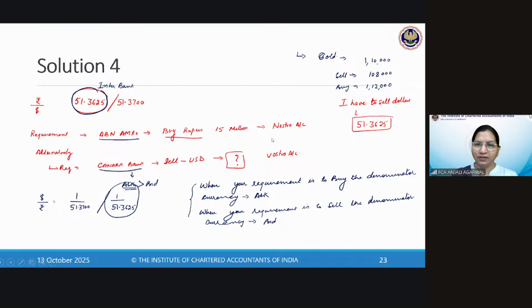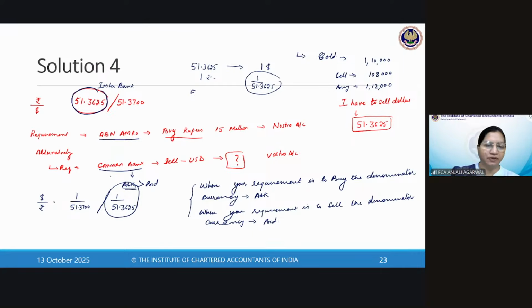Now you can use the unitary method also here. So he has to sell $1, and against $1 the price is 51.3625 rupees. So to get 1 rupee you have to give 1 upon 51.3625 dollars.